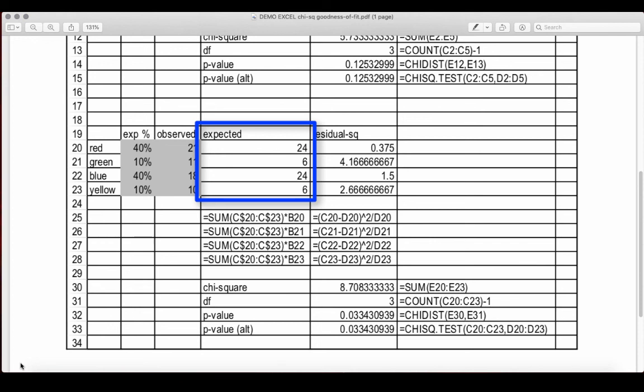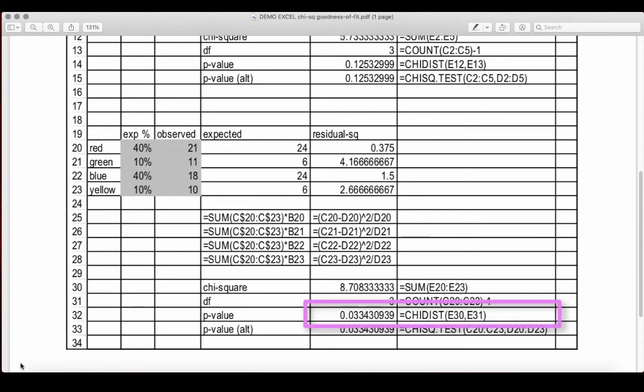Instead of saying they are all equal, here we are giving a specific proportion for each value of our variable. And this is where the term goodness of fit applies best. We are trying to see if the data and our hypothesis fit well together.